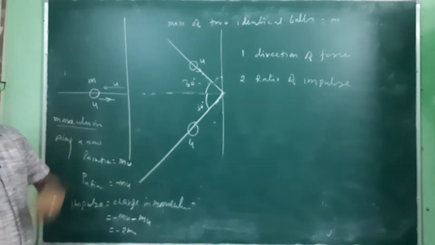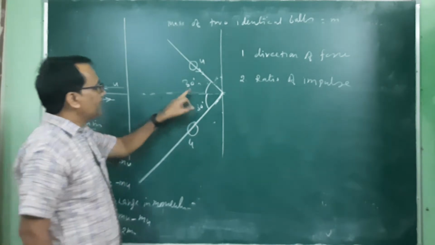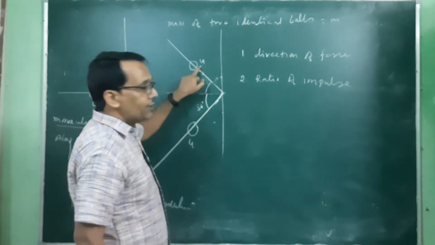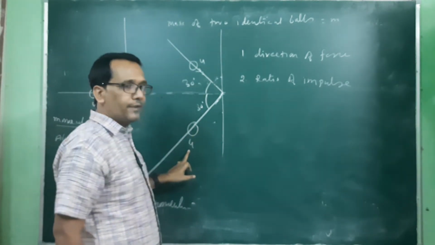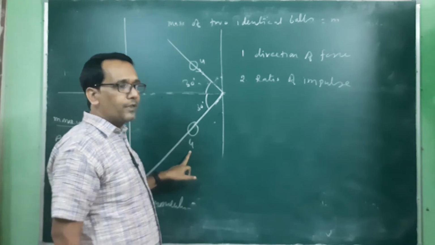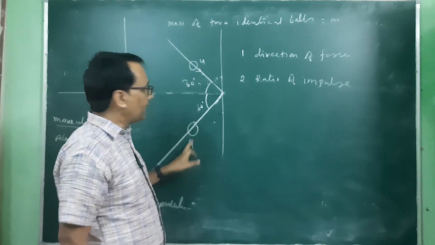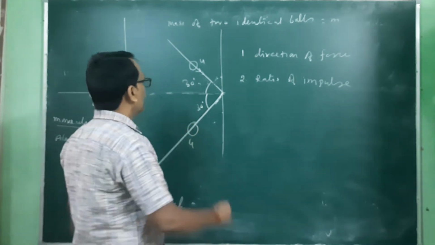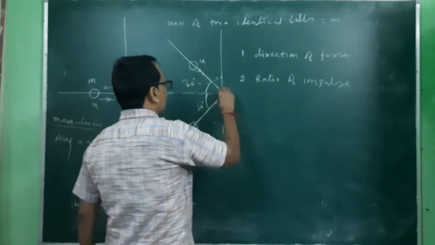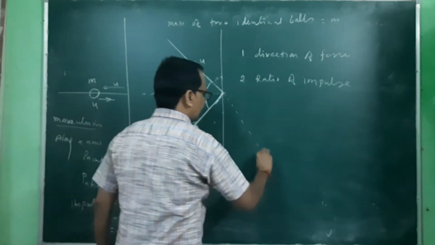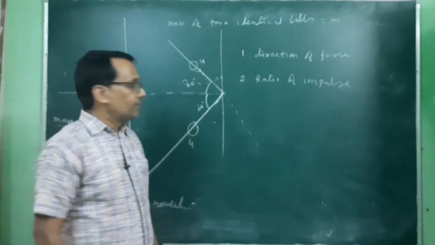What about the second case? In the second case, this is the angle, the initial velocity is u, and the final velocity is again u. We have to take the components along the x-axis and y-axis, because there is an angle here.